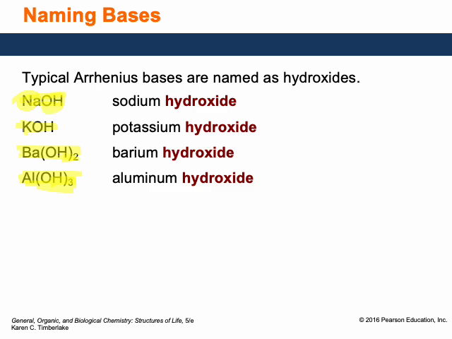So this is sodium ion, hydroxide ion, meaning sodium hydroxide, potassium ion, hydroxide ion, potassium hydroxide, barium ion, hydroxide ion, barium hydroxide, aluminum ion, hydroxide ion, so aluminum hydroxide. You simply write the name of the cation followed by the anion, and that is your name of the Arrhenius bases.